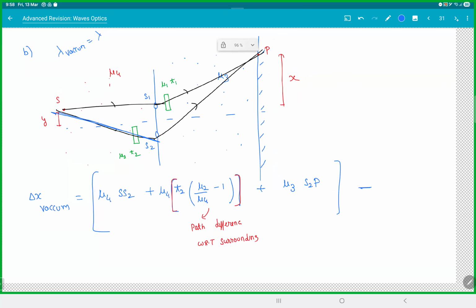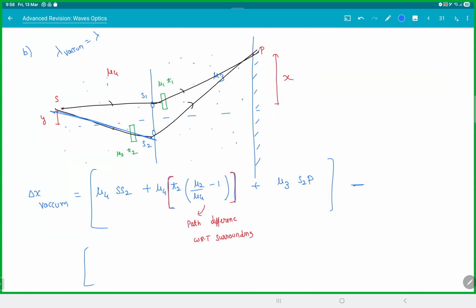Minus, you're going in mu4, SS1. Here there is no slab, so you're safe. Then we have mu3 S1P. Here you have a slab, which is T1 into (mu1 by mu3 minus 1). But again, same story.